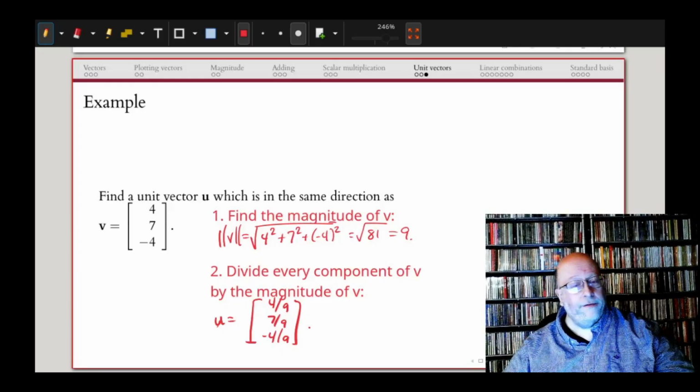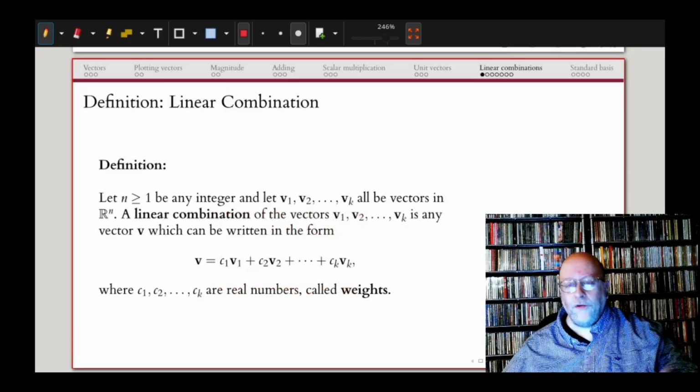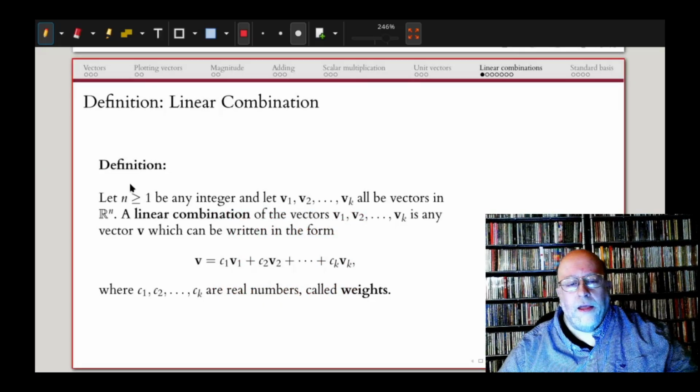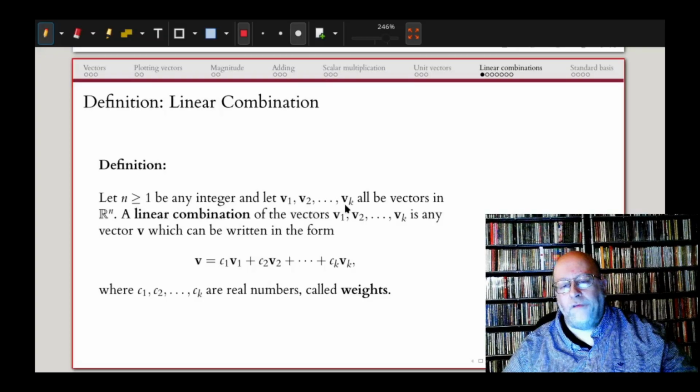All right, let's move on. So another definition. We want n to be any positive integer greater than or equal to 1, and we're going to have a set of vectors that are in Rn.